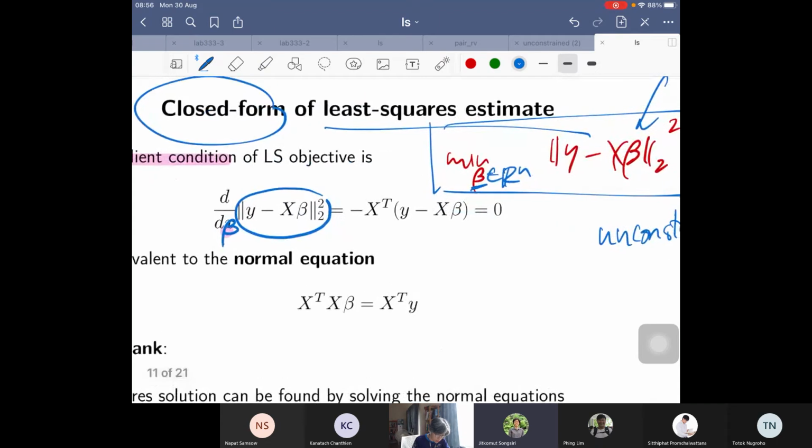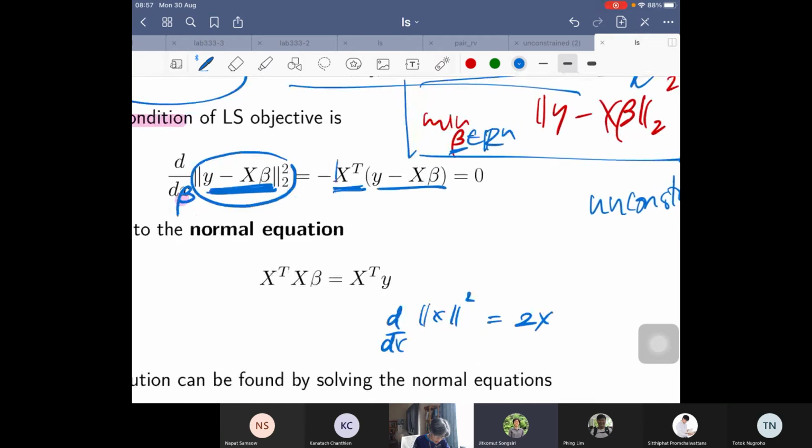This is a composite function. If you have the two norm squared, the derivative is of course 2x, right? But then you have a composite term. You take the two norm of an affine transformation. Then this is to apply the chain rule. You get x transpose times (y minus x beta) and equate it to 0.